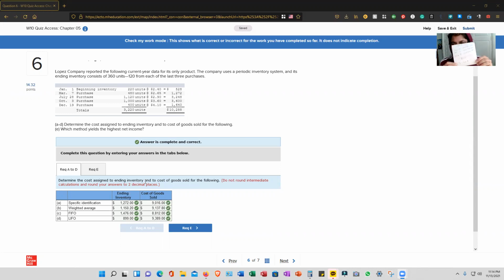I don't know if you can see it at all, but on the specific identification, we know that there was 120, there's 360 units left over, and there was 120 from each of the last 3 orders.